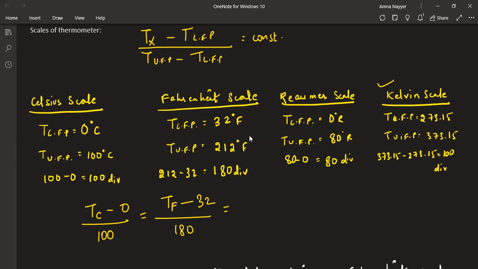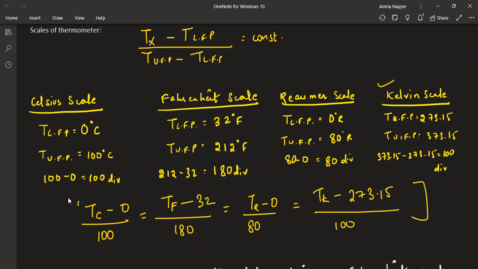This is equal to the Reaumur temperature minus 0, divided by 80 minus 0, that is 80. Lastly, for the Kelvin scale, the temperature minus the lower fixed point 273.15, divided by 100.